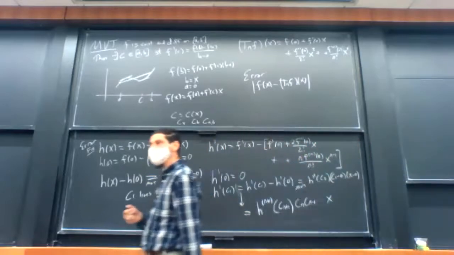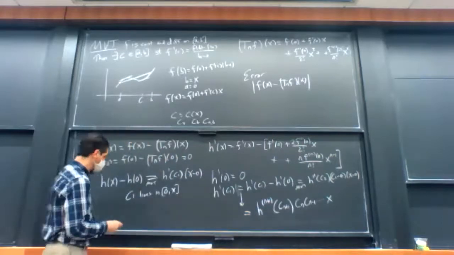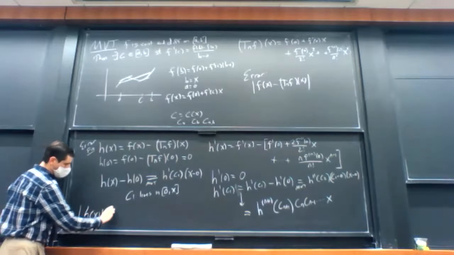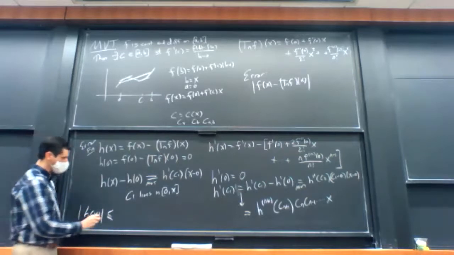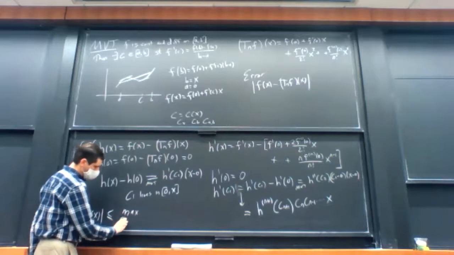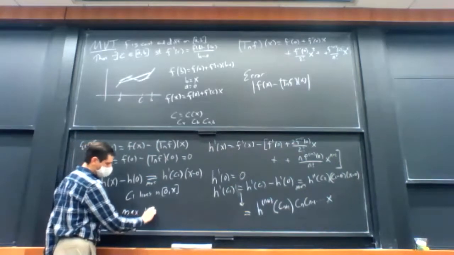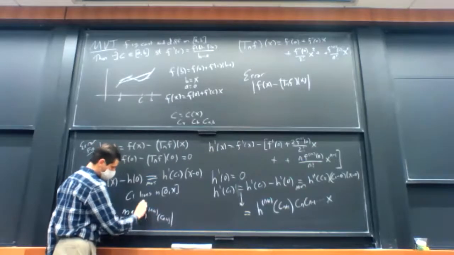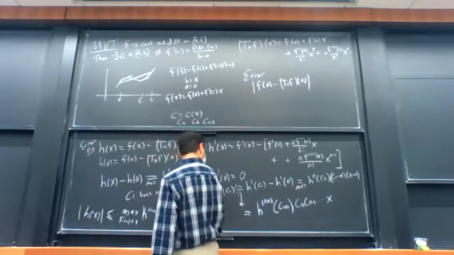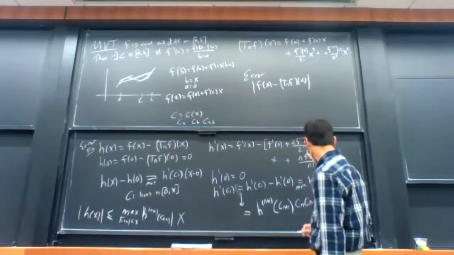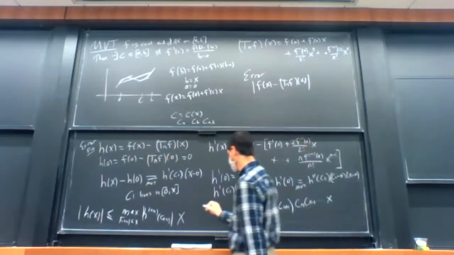And so if we want to get a sense of how large this can be, the absolute value of the error is going to be less than or equal to the maximum value, over C n plus 1 less than or equal to x, of the n plus first derivative at C n plus 1, times x to the n plus first power.